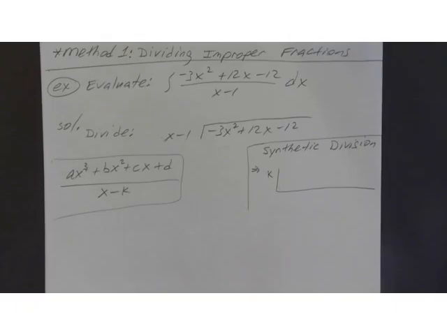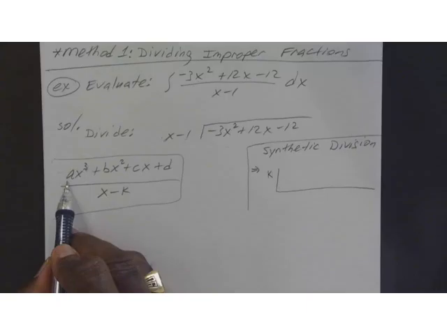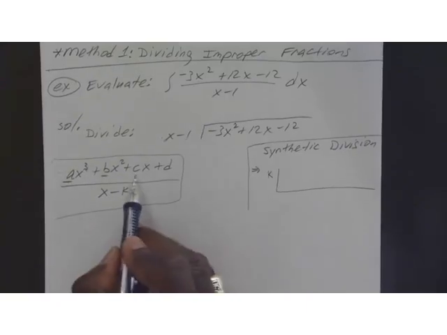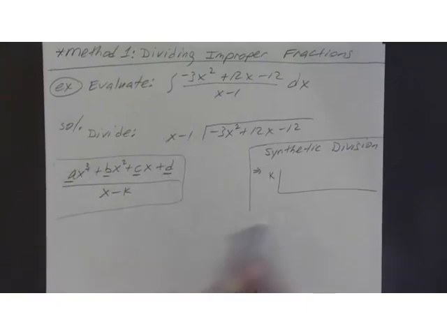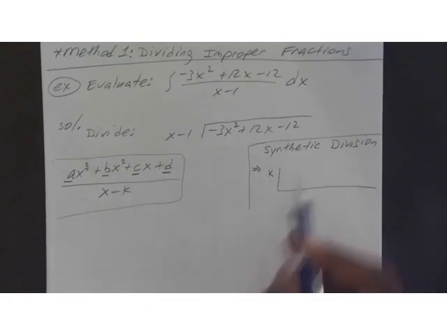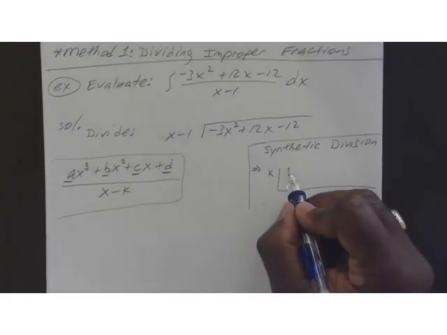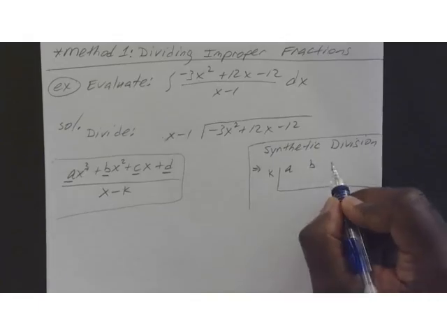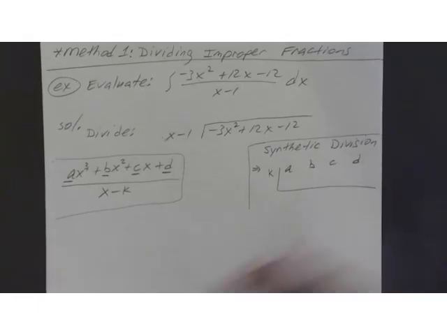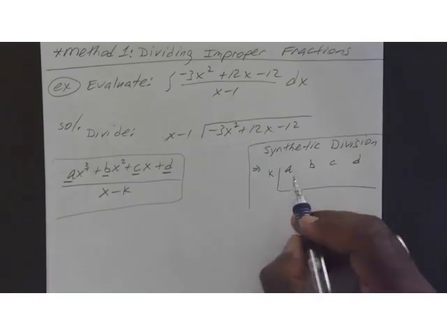This is just a quick review of synthetic division. So the first thing you do is write down all of your coefficients in that flipped division sign. So you write your A, your B, your C, and your D. Okay.